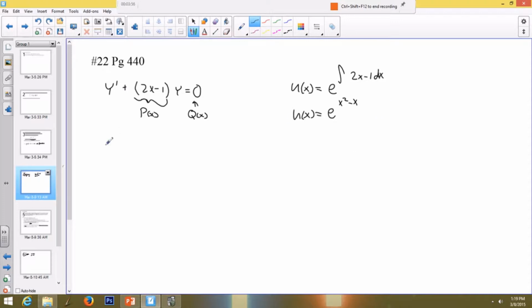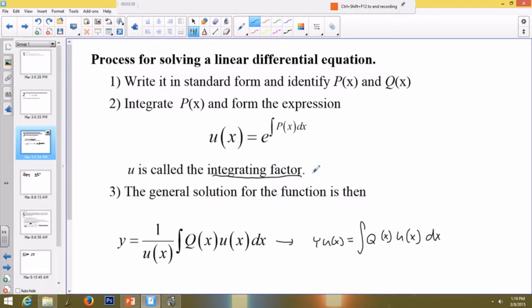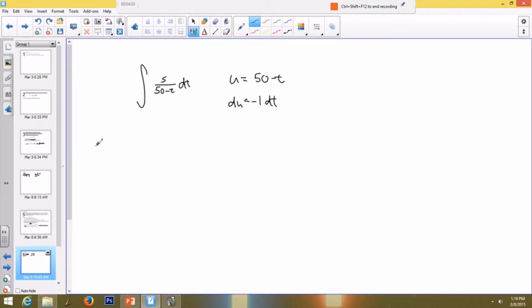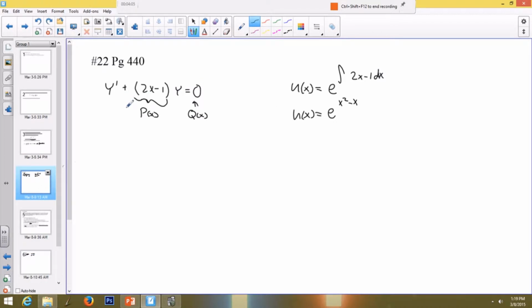All right, so now I'm going to rewrite it in this form, filling in all of our blanks. So I'm going to rewrite this as y times u of x is equal to the integral of q of x times u of x dx. Filling in my blanks, I know what my u is, so I've got y times the quantity e to the x squared minus x.